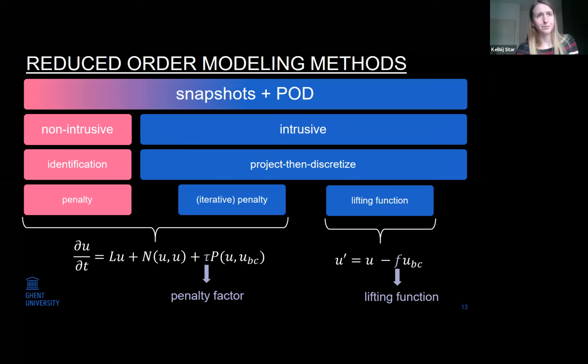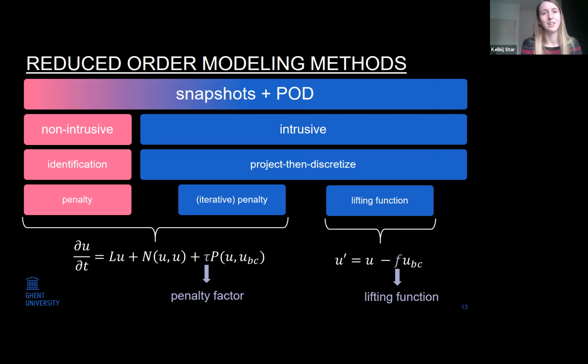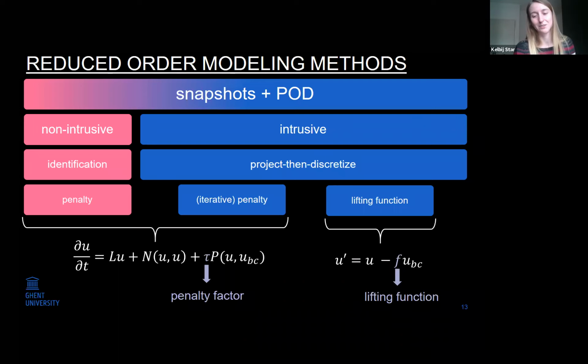Usually if you have only one function to set, because you have only one non-homogeneous boundary condition, it's easier than if you have to set two, because each time you're subtracting a field from all of your snapshots. If you have to do that multiple times, your snapshots should still physically make sense, and therefore it's not always evident to come up with a suitable function.